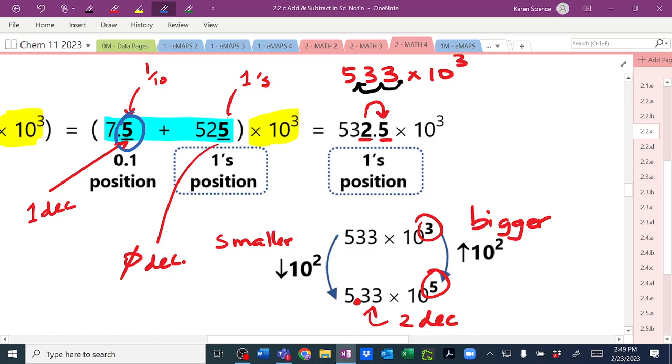Here's our uncertain digit, that's our uncertain digit, that's our uncertain digit. It's still that one that is the uncertain digit. So that's why I prefer the uncertain digit rule, because you can get confused when you convert to scientific notation and the decimal point moves.